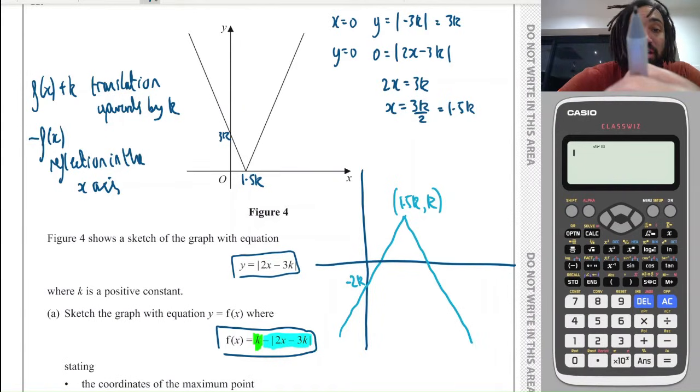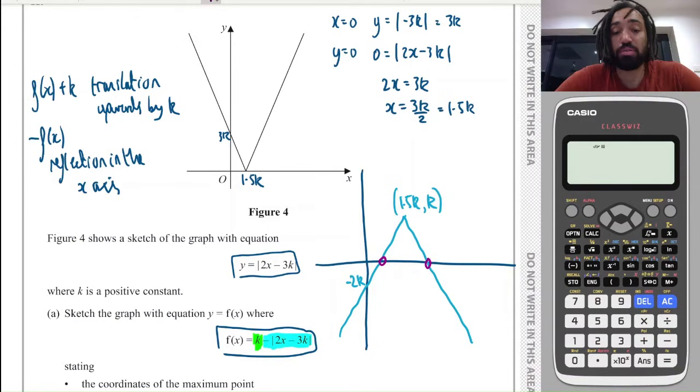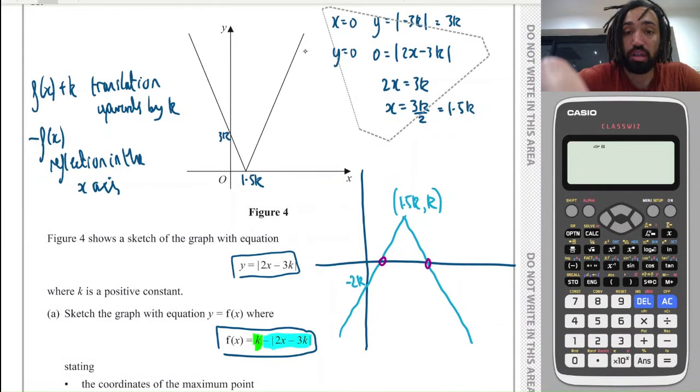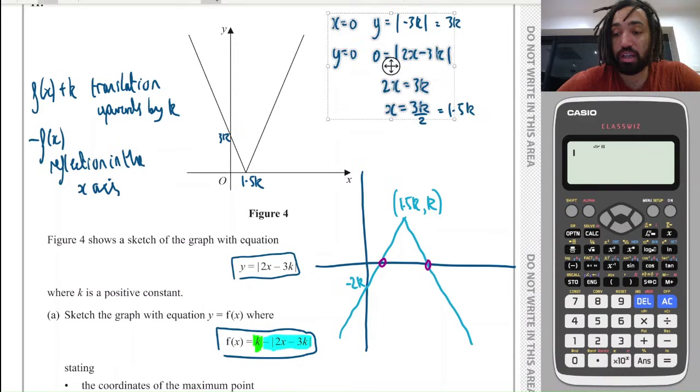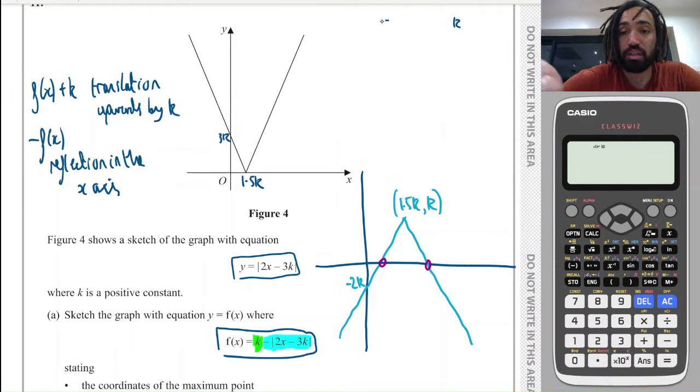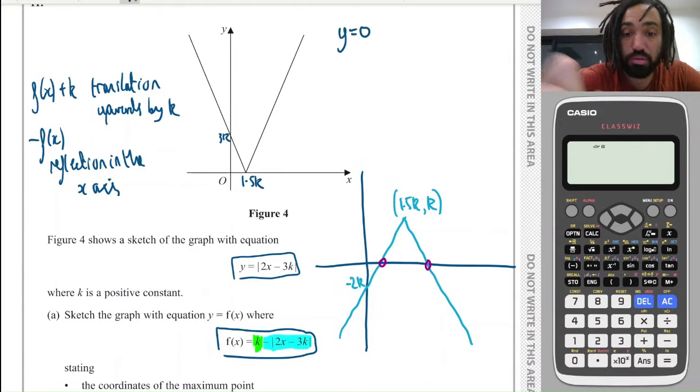Now I need to work out these points here, so that happens when the y-coordinate is equal to 0. So if I get myself some space up here, I will set the y-coordinate on the new function equal to 0. So I'm going to have 0 equals k minus the modulus of 2x minus 3k.